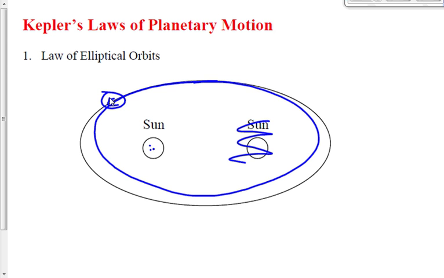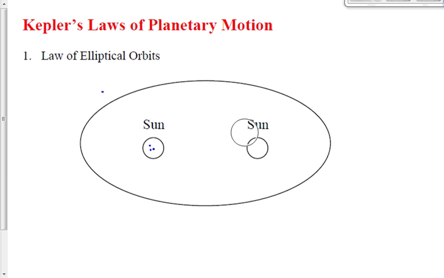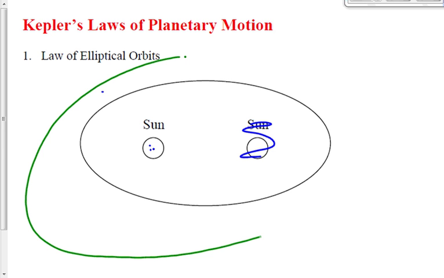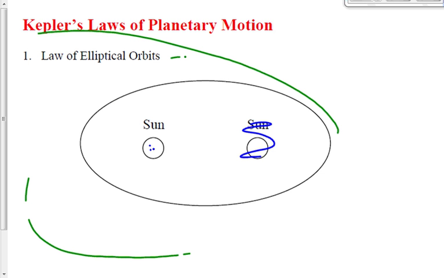Now, the Earth's orbit might look like this. Okay, Mars's orbit, that's not a good diagram, that's close to the center. Mars's orbit might look something like this. Okay, and then it goes on past the board there.